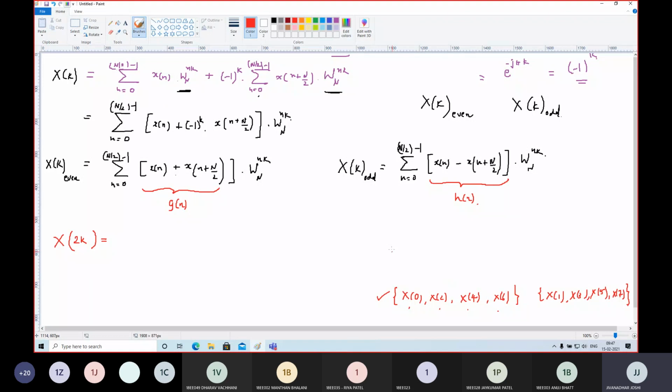So similarly, if I want to write down for odd, what should I write? Capital X of 2k plus 1.